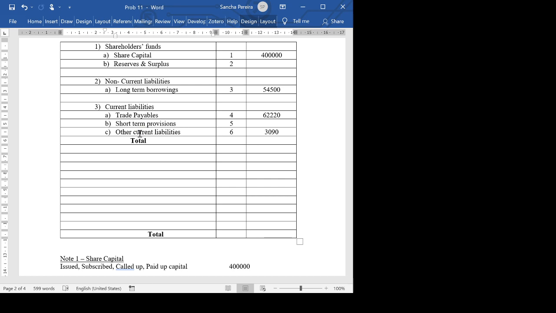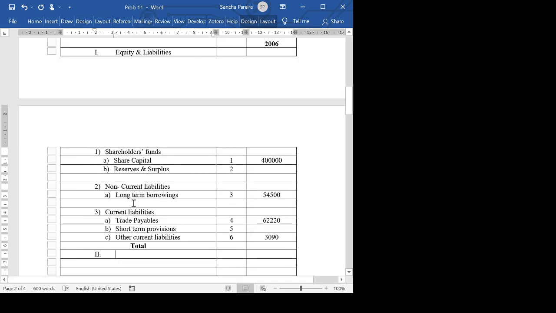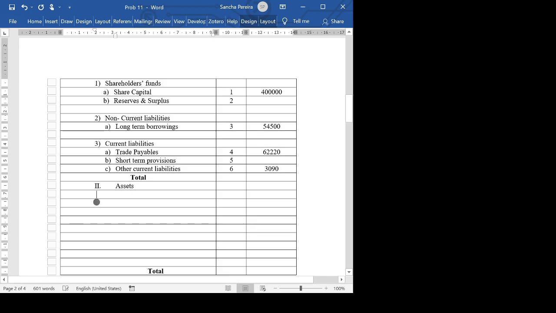Okay, this brings us to the next part, which is assets. We had equity and liabilities as the first part. The second part is assets. Under that the first thing is non-current assets, and under non-current assets we have fixed assets, and under fixed assets we have tangible assets.